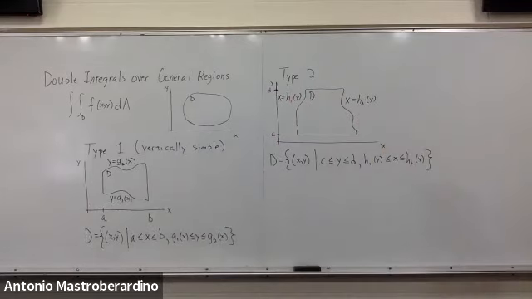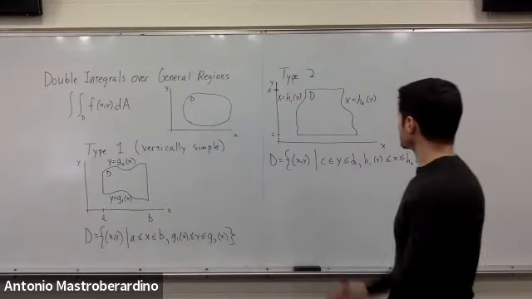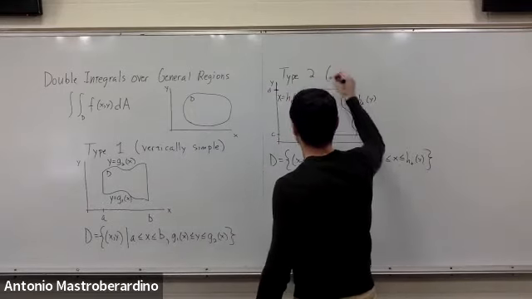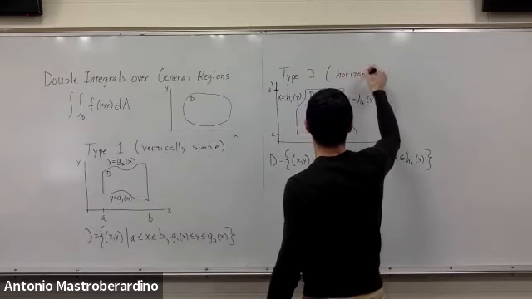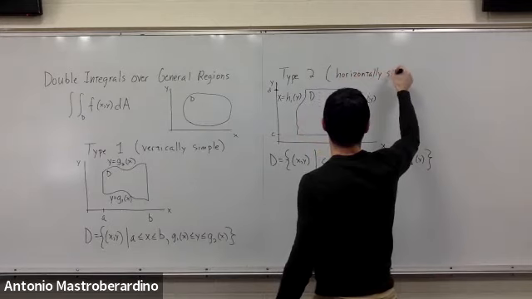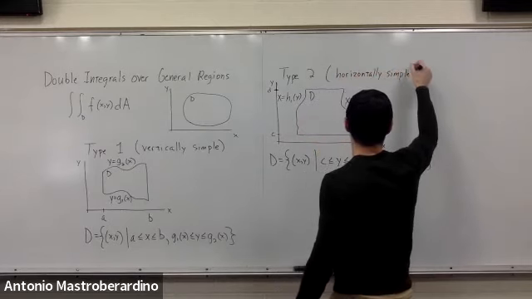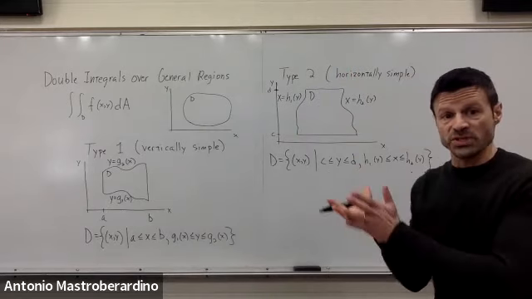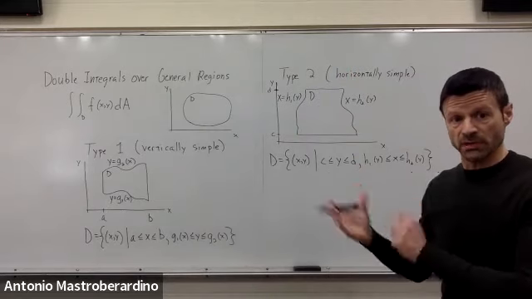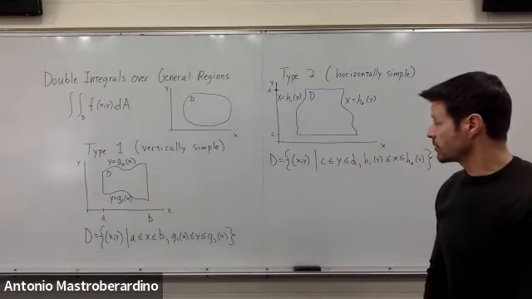Okay. All right, so these are the two regions, and a type 2 region can also be called horizontally simple. And I like this terminology because it reminds me that we are first going to integrate horizontally when we convert our double integral to an iterated integral.